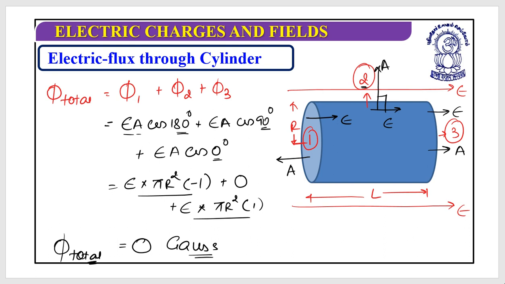I need to find the direction of the electric field at every surface and the direction of the area vector at every surface. Just find their angles, and then apply EA cos theta. Yes, would it be easy for you? Can you do this? Let's do one more very interesting question.